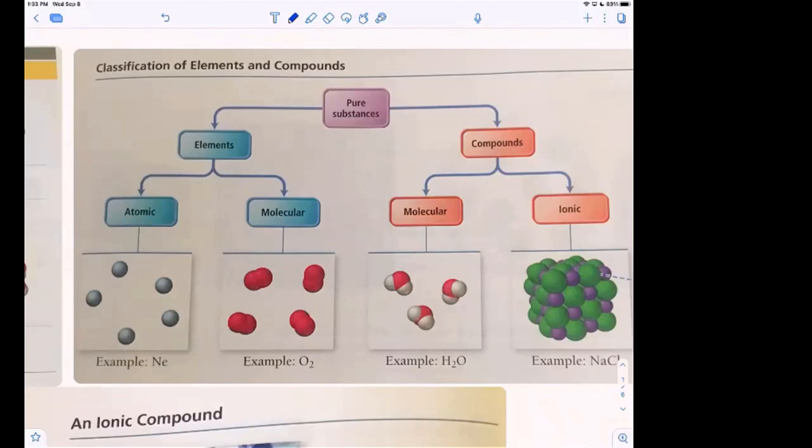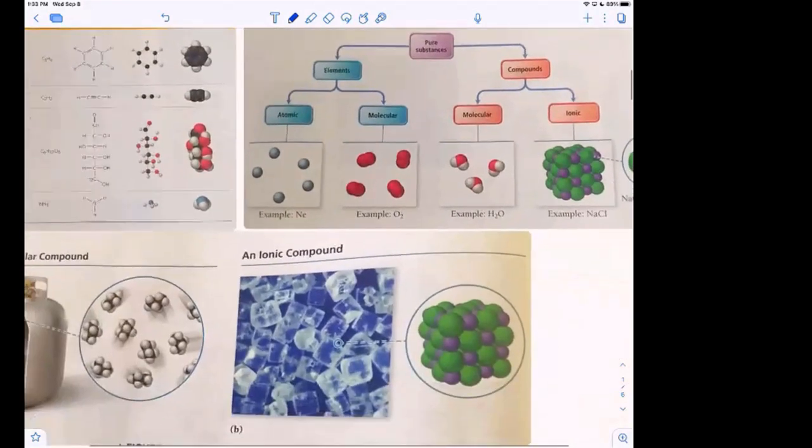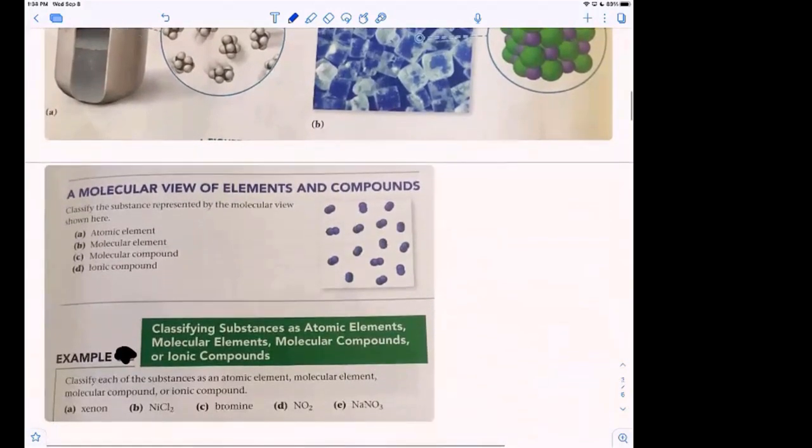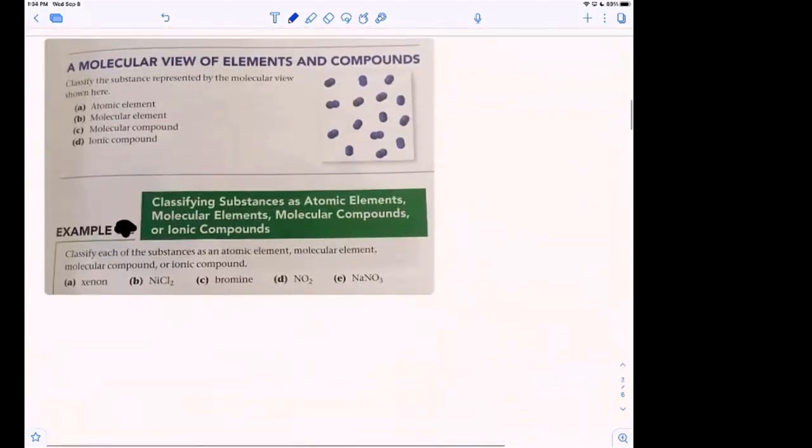And then compounds can either be molecular or they can be ionic. And what's the difference? Well, the bonding. Covalent compounds, molecules, they share electrons. And ionic compounds, there's a transfer of electrons. And you'll notice as I go through the semester, I say things over and over again, just with more detail later.